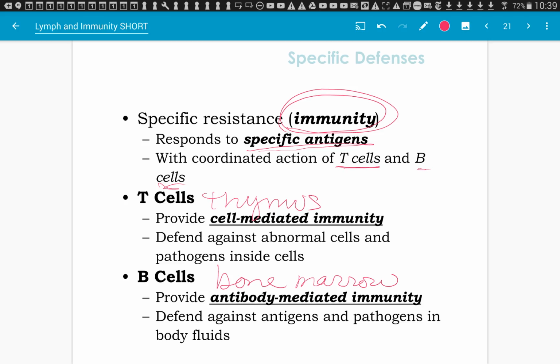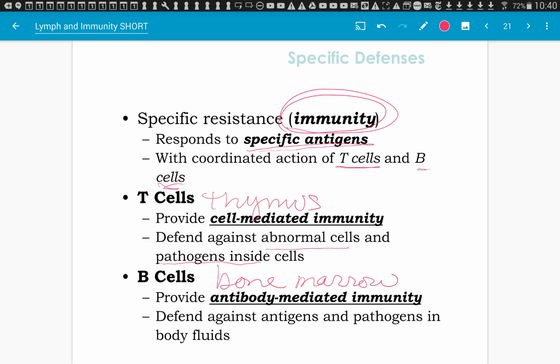Okay, so T cells are responsible for what we call cell-mediated immunity. So we'll talk more about that in a moment. And T cells help against abnormal cells and pathogens inside the cells. So an example of an abnormal cell could be a tumor cell. Okay?